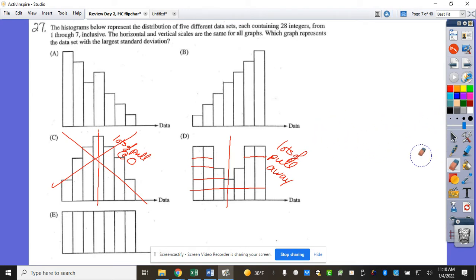Now, E, how would E relate to C and D? So here would be a pull of 0, here would be a pull of 3. So if I wanted to put C, D, and E in order from largest to smallest standard deviation, which would be our largest standard deviation of those, of just C, D, and E?